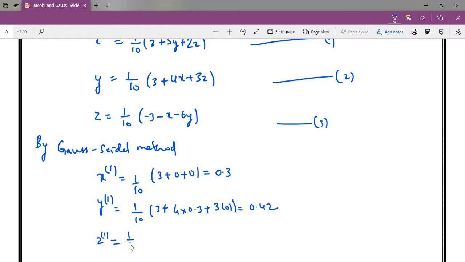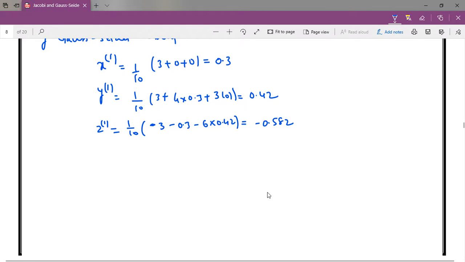So z1 is 1 by 10 into minus 3 minus x1, which is 0.3, minus 6 into 0.42, that is y. This gives minus 0.582. So this is the first iteration.